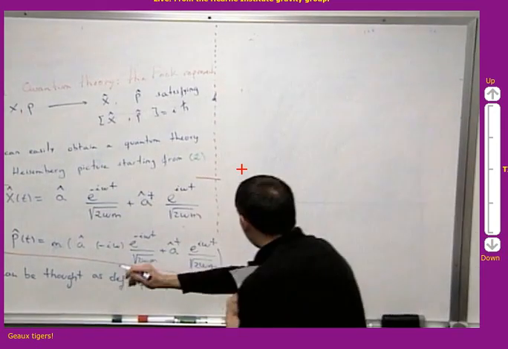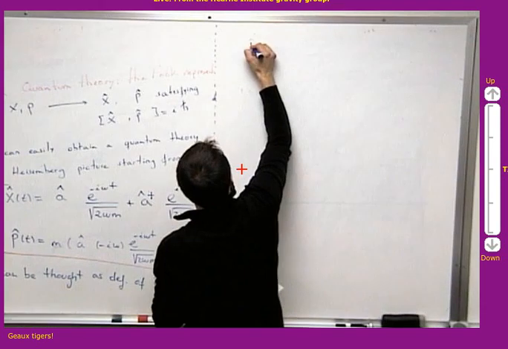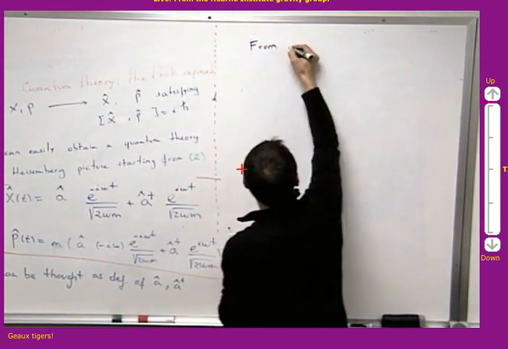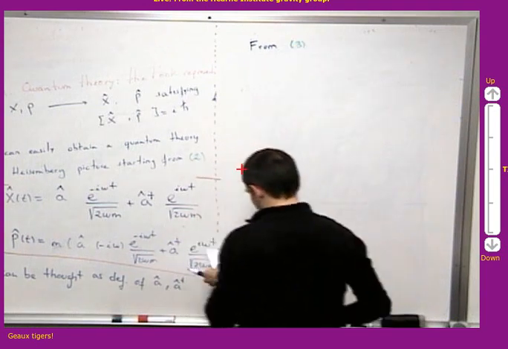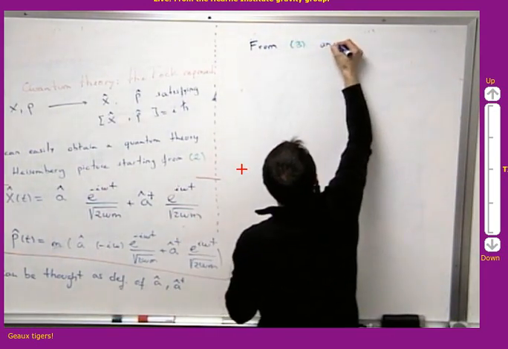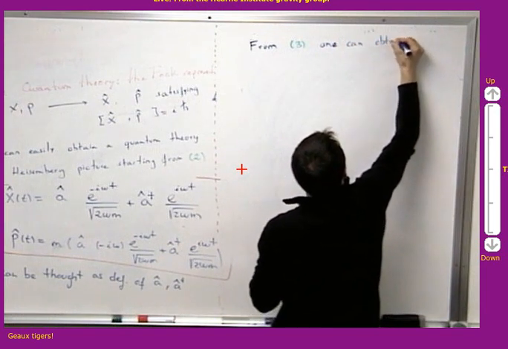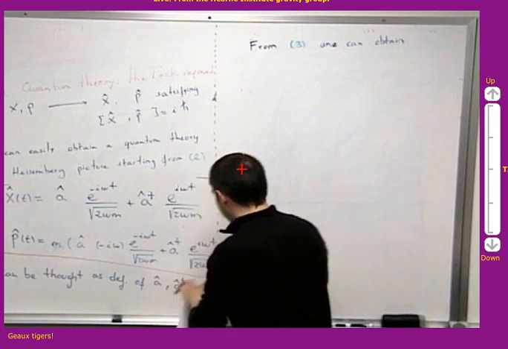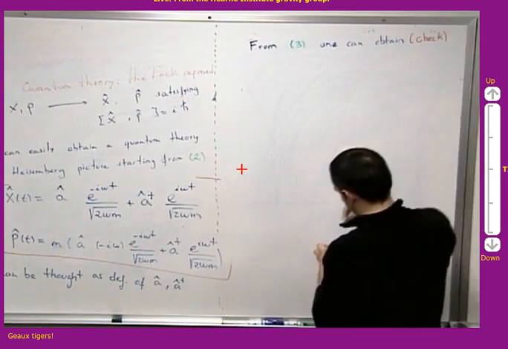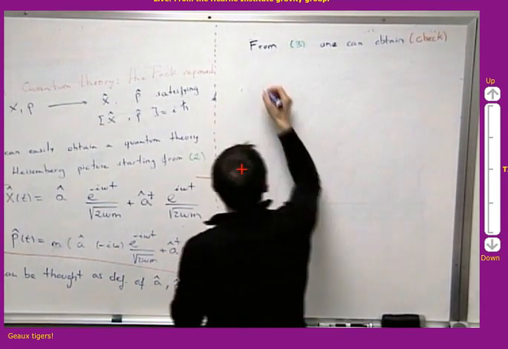And the statement is that, if you want to know what A and A dagger are, from this definition, from equation 3, one can obtain, and this is the first homework that I leave for you, the following.